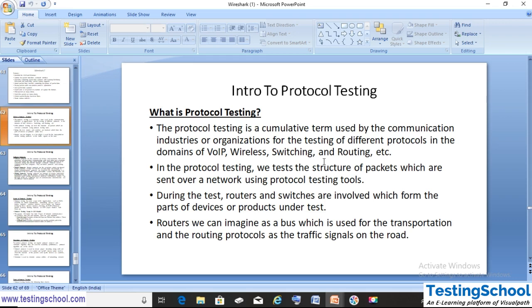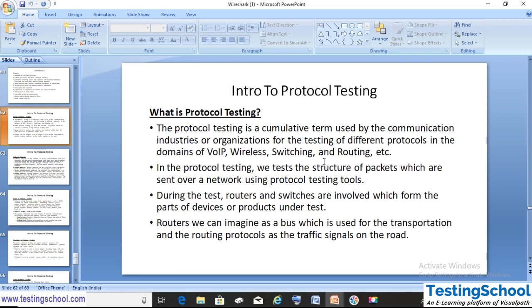Now, what is protocol testing? In a simple way, if we install a routing protocol, there is a set of functionality expected from it, and testing that set of expected functionalities is what we call protocol testing. For example, what should OSPF, or any routing protocol, do?